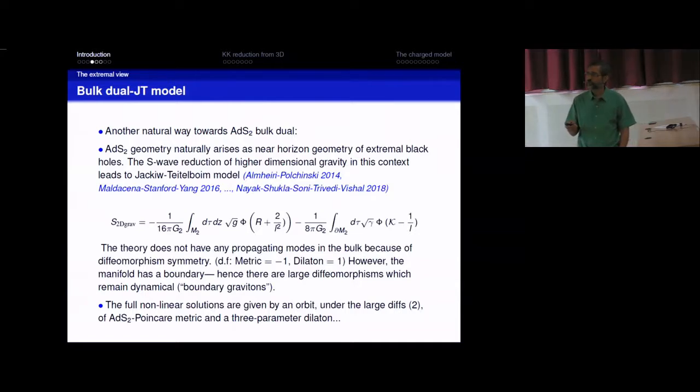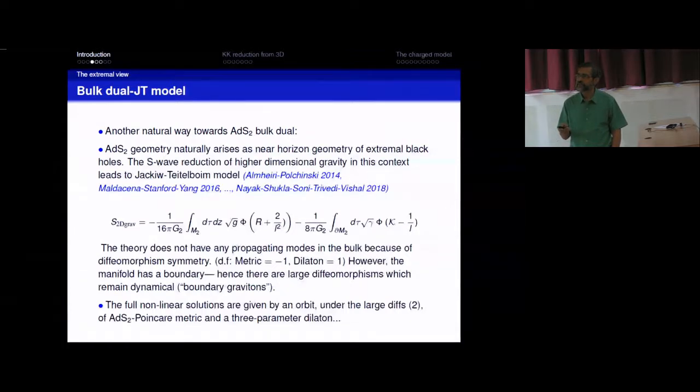So if you don't have this dilaton, the scalar field here, then this part is just a topological term, and it does not carry any information.